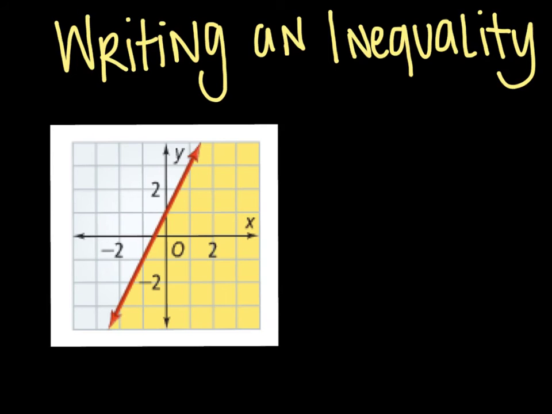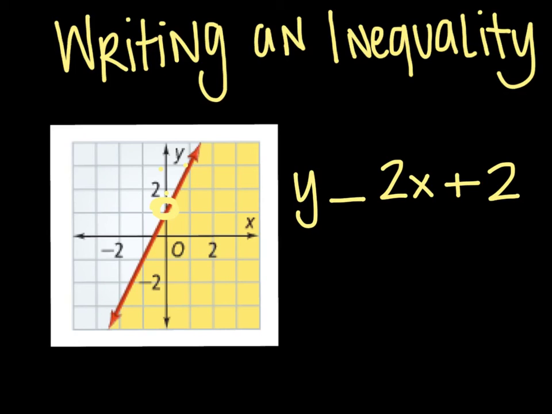Last thing we're going to do is write an equation or inequality. You're going to treat it just like an equation though. So you're going to find your y-intercept and your slope. Y-intercept is 2. And then your slope is up 2 over 1, so we have 2x plus 2. And then we have y, and we know that there's a bar underneath because of the solid line. And then we have to figure out which way, if it's greater than or less than.